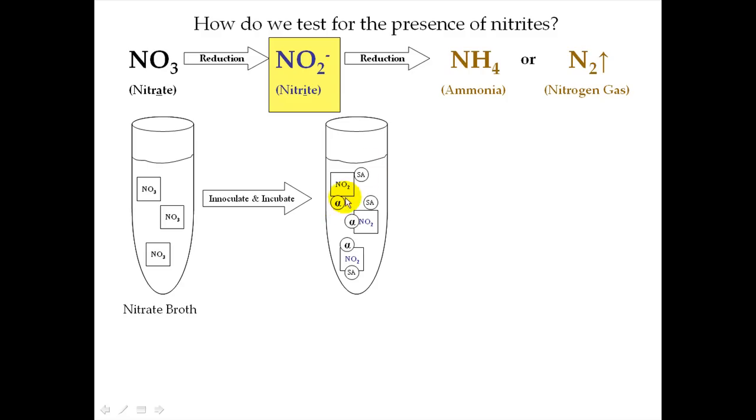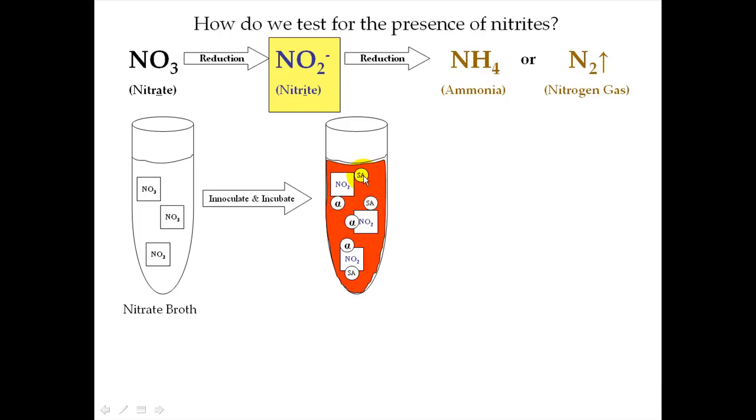So you're going to be asked to add these chemicals to your nitrate tube after the incubation period. And again, these things function as nitrite detectors. The reason I consider them to be nitrite detectors is that if they are in a tube together with nitrites, it ends up forming a red color.